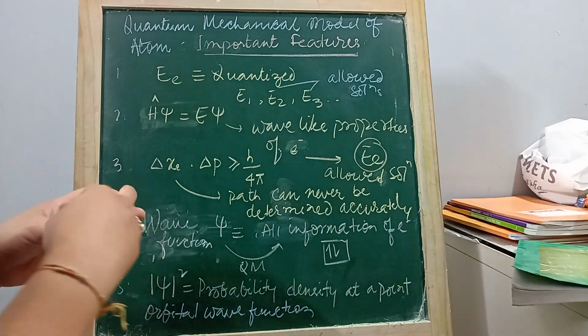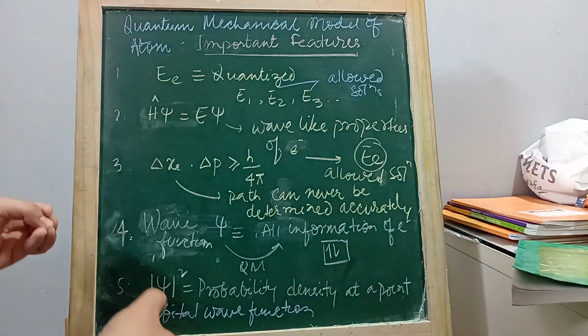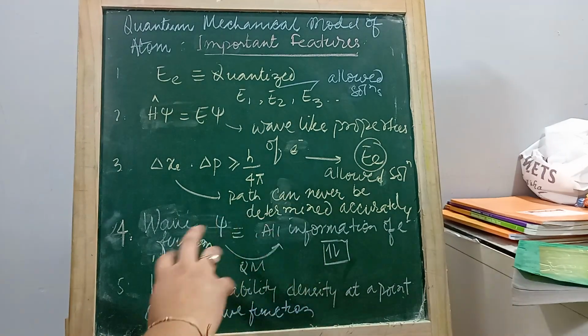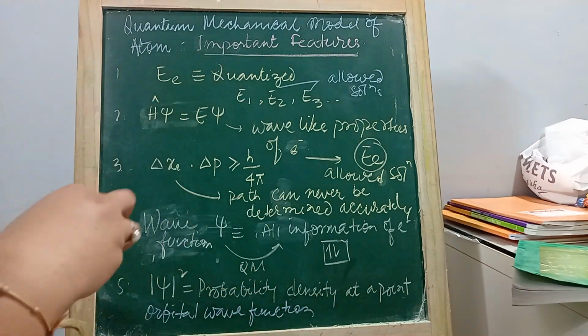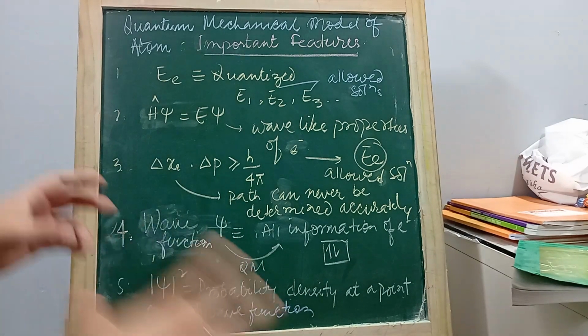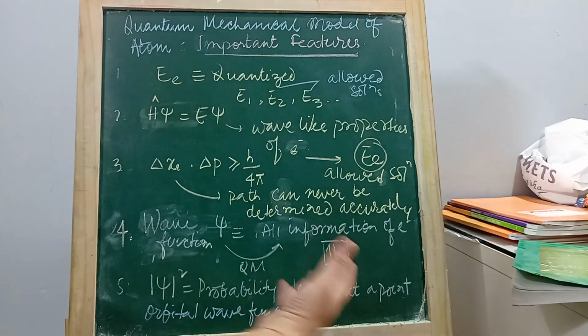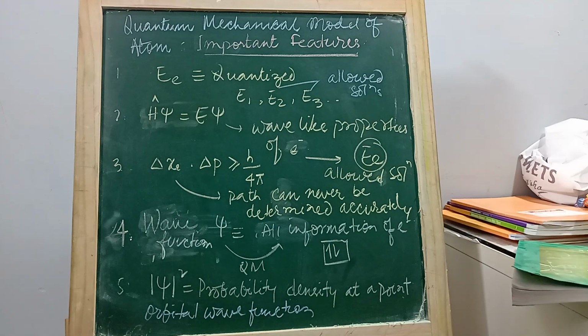The orbital wave function of an electron contains all the information about the electron, and this will be extracted through quantum mechanics. So quantum mechanics helps us in extracting all the information about an electron from the wave function it possesses, from its wave character.